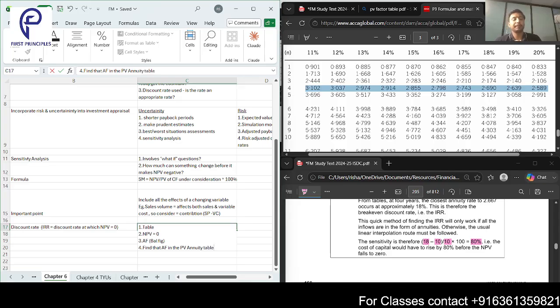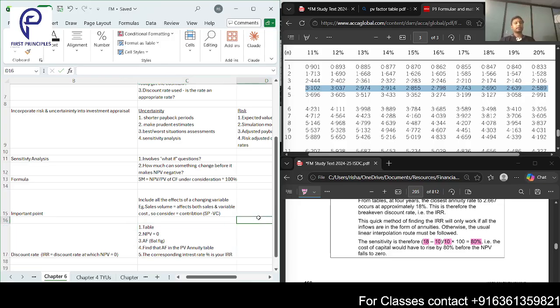The corresponding interest rate percentage is your IRR. That's it, done. The corresponding interest rate percentage is your IRR.